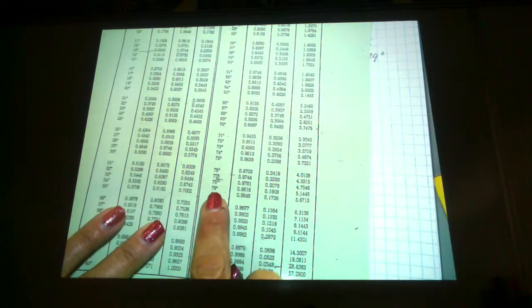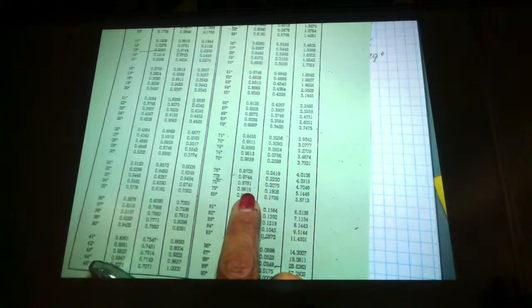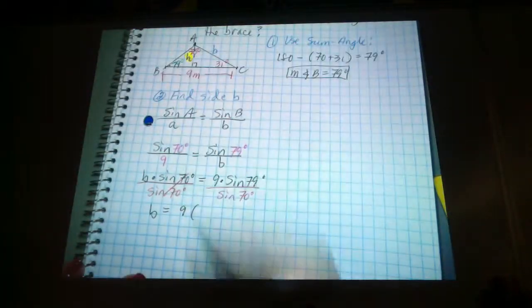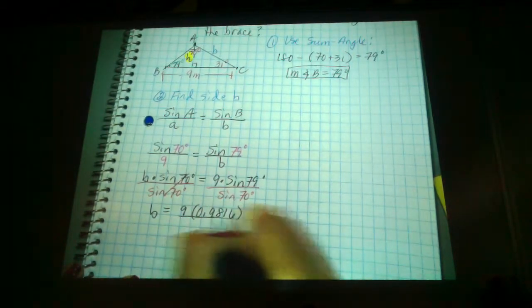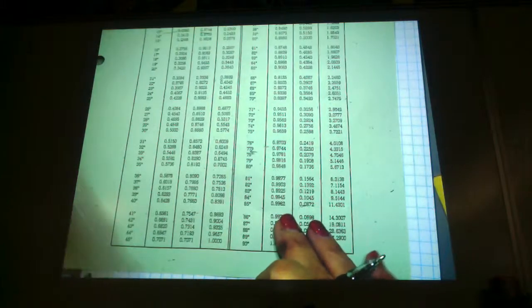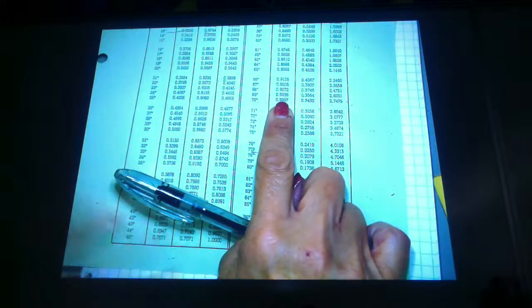So here's 79. Sine is 0.9816, divided by the sine of 70. So here's 70, 0.9397.